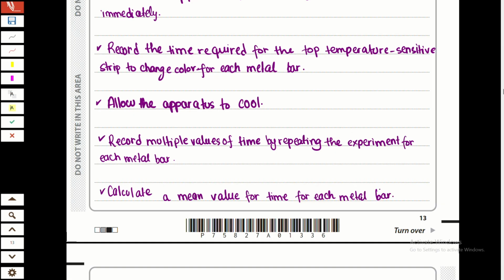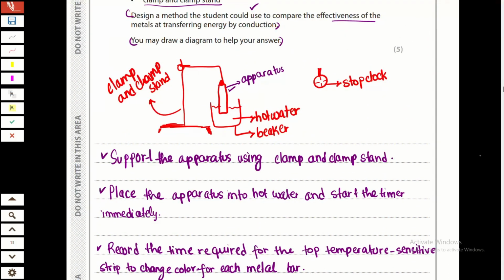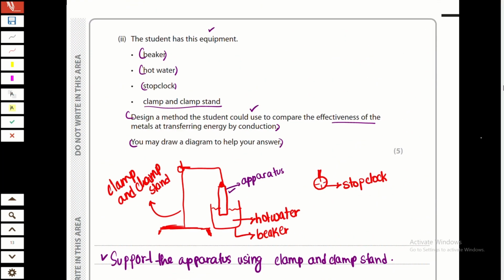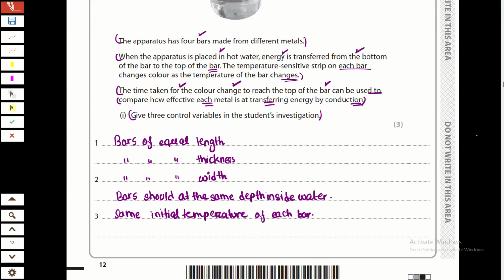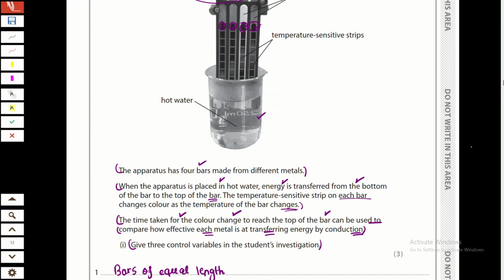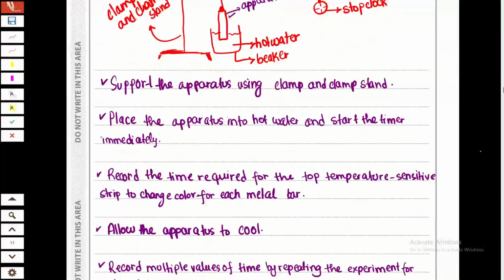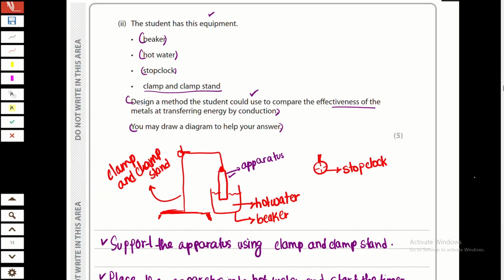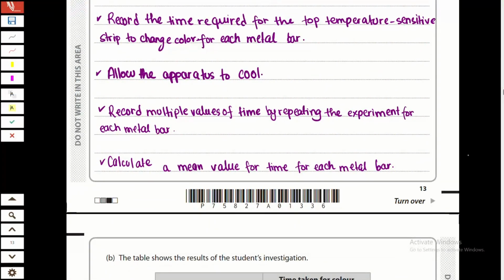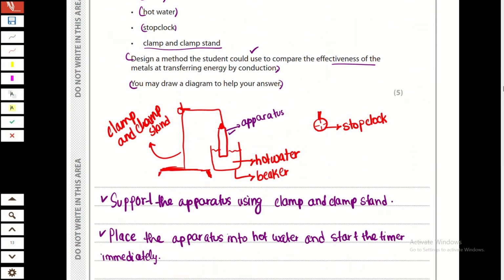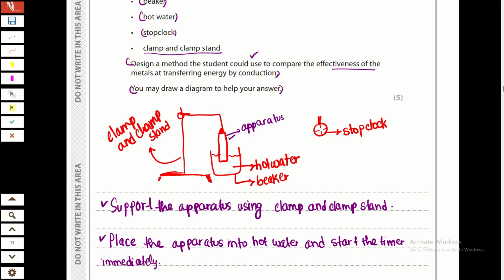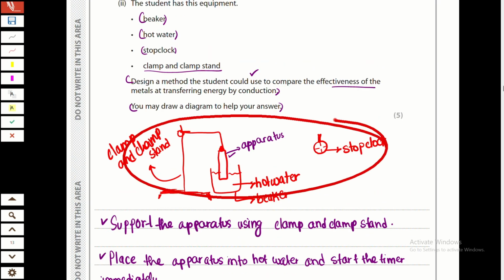So the metal bar which takes the shortest period of time for its top temperature sensitive strip to change color would be the most effective to transfer heat by conduction, right? All right. So that's the answer for question 5.